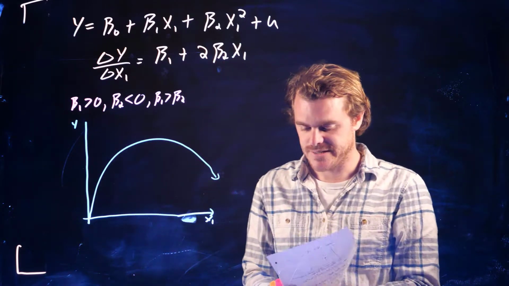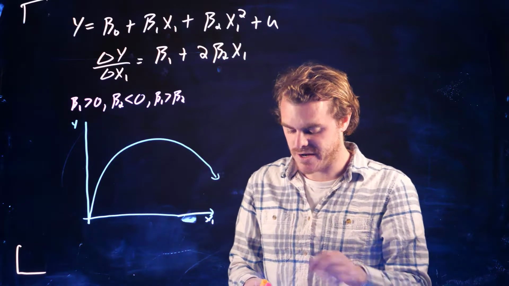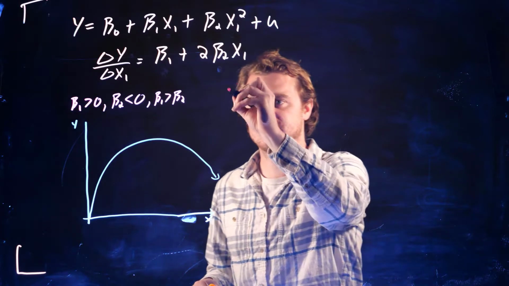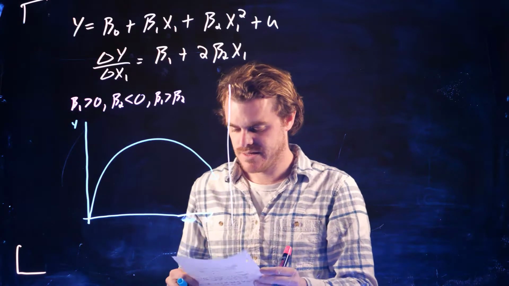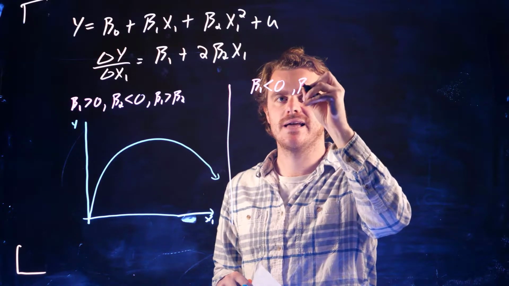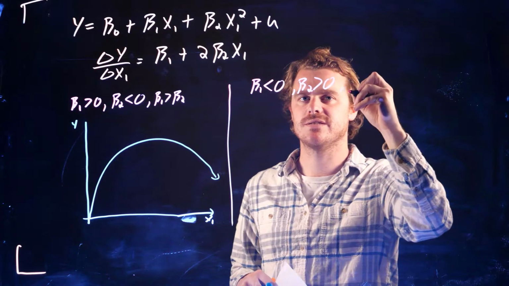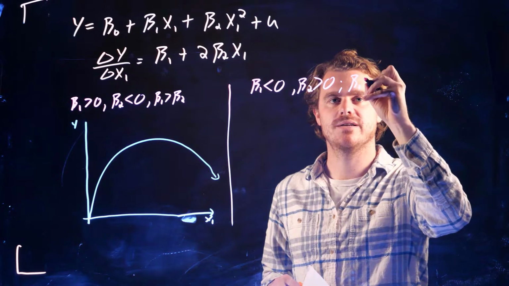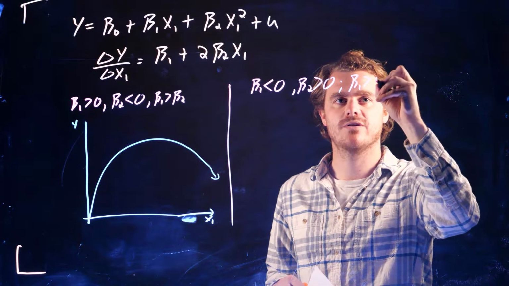The other thing that we could see in different applications is that maybe beta 1 is less than 0 and beta 2 is greater than 0. And again, let's say beta 1 is greater than beta 2.